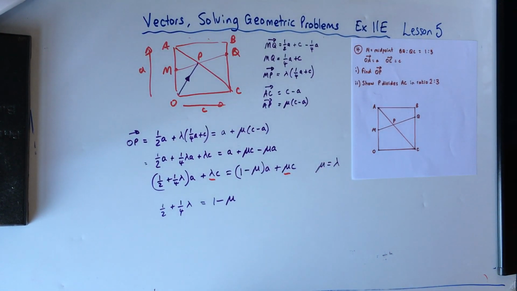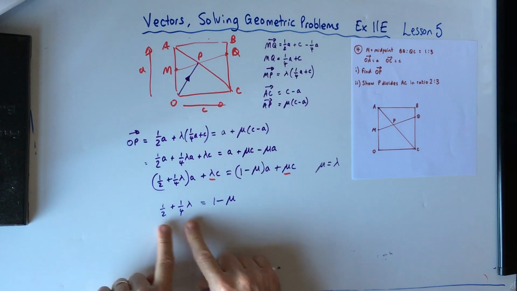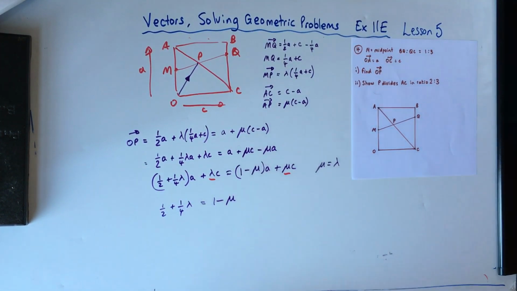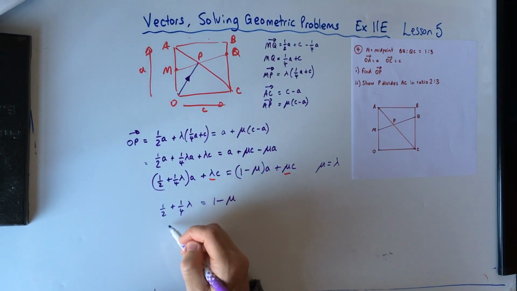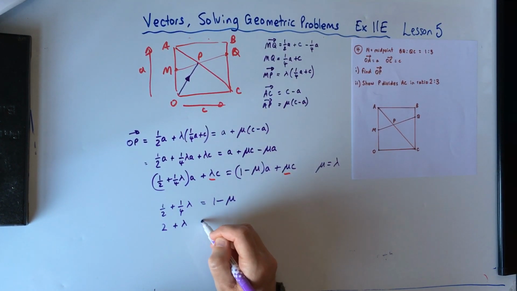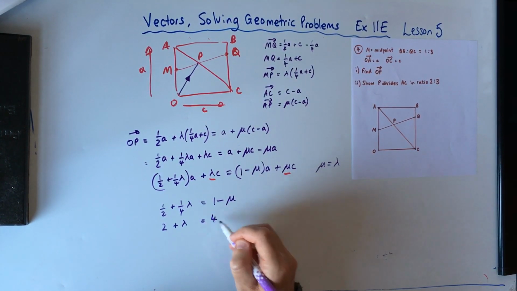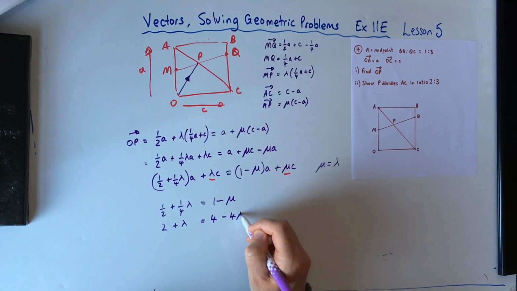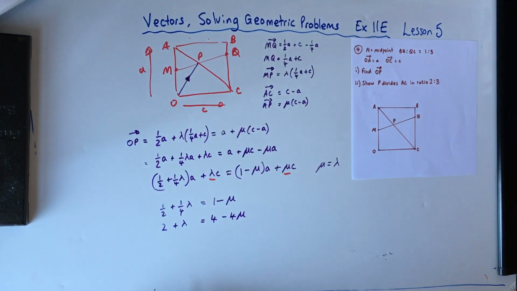Okay, so I've got that is equal to that, coefficient of those two. If I times everything by 4, I get 2 plus lambda is equal to 4 minus 4 mu, okay.